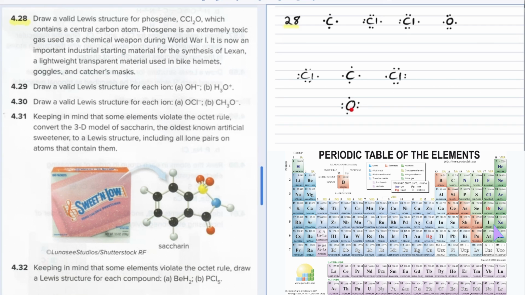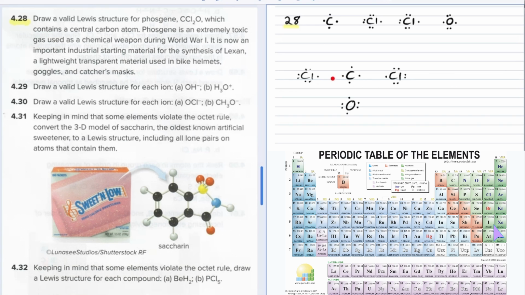If this oxygen is connected to this carbon, it doesn't matter if it's connected from down here or over there or from up there. Anyway, carbon is the central atom. It has the most unpaired dots too, so it has the capability to attach to 4 other atoms if it needs to. But there are only 3 atoms here, and so let's just start forming the bonds.